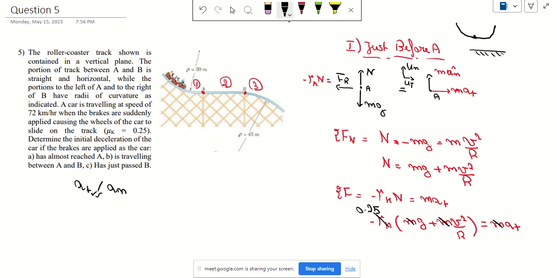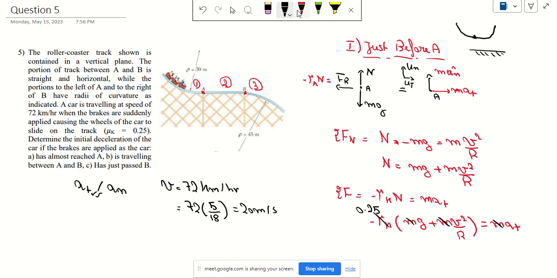And g is a constant, and v is 72 kilometers per hour, but we are not dealing with kilometers per hour, we're dealing with metric units, so it will be 72 times 5 over 18, which is equal to 20 meters per second.